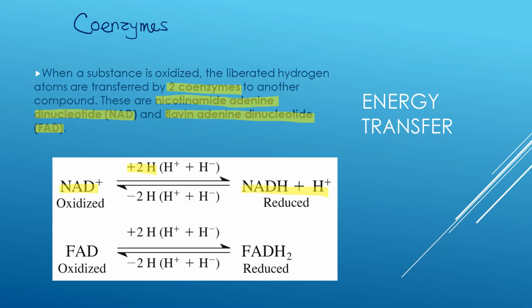So the NAD is going to gain 1 hydrogen, which neutralizes its charge, gains this negative hydrogen. This is a hydride. Hydride ions are H negative.